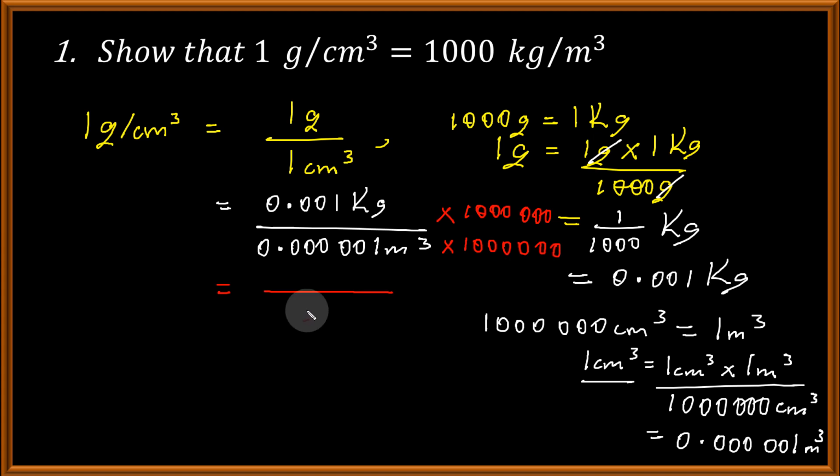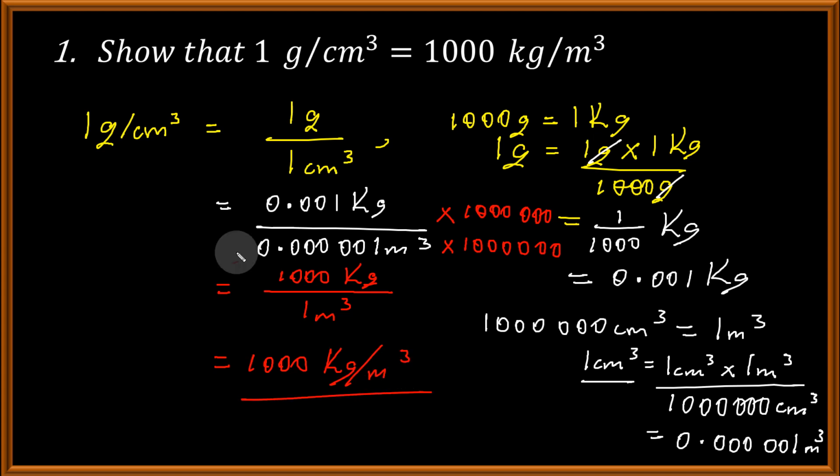So the denominator will be 1 meters cubed, and the numerator will be 1000 kilograms. And you can see 1000 divided by 1 is just 1000. Kilograms divided by meters cubed will be kilograms per meters cubed. And I've been able to show that 1 gram per centimeters cubed is equal to 1000 kilograms per meters cubed.